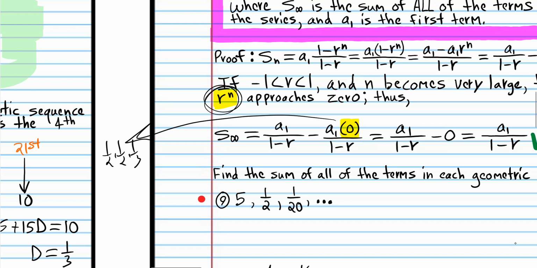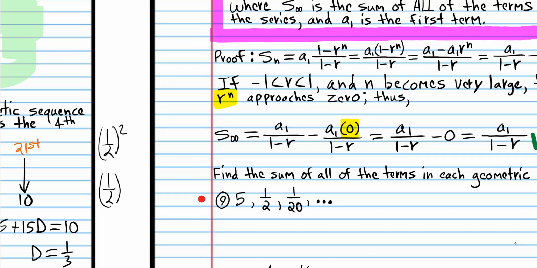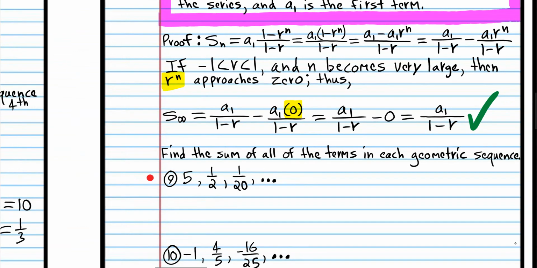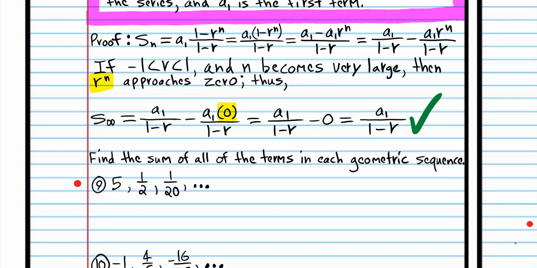Let's say r is 1/2. 1/2 to the second power is a lot bigger than 1/2 to the 100th power. And if we let n be 1,000, this is going to be even smaller, and we're just going to let that expression be 0 because we're allowing n to approach infinity.